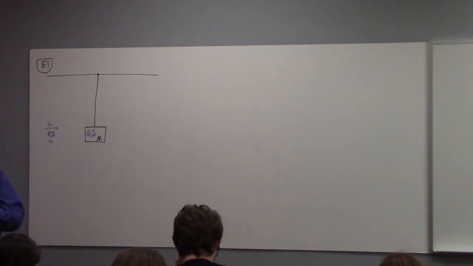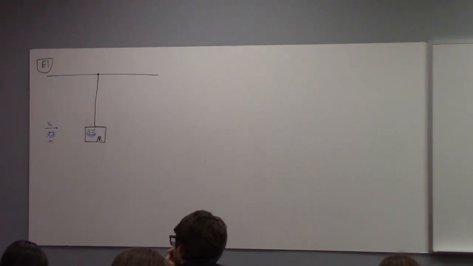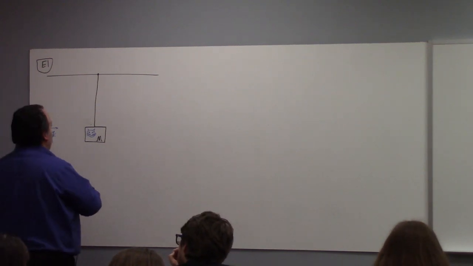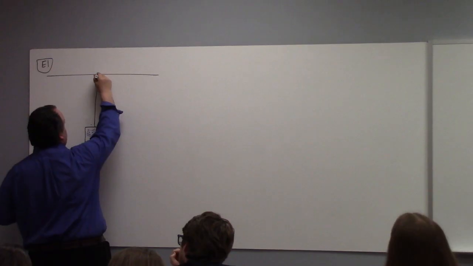And then of course it imparts some energy to the big mass, right? And then what happens is the mass and the cat embedded in the mass swing up to a certain maximum height h.